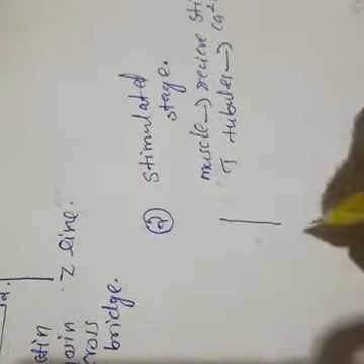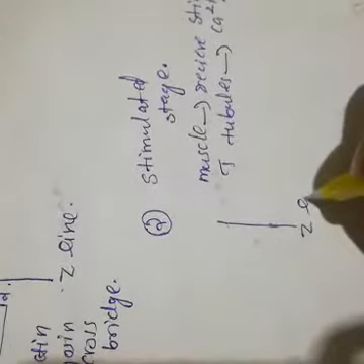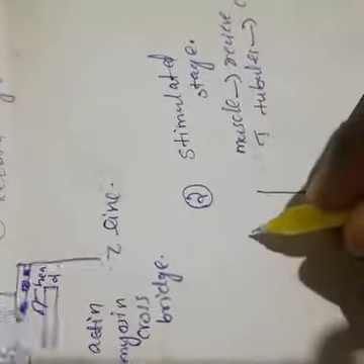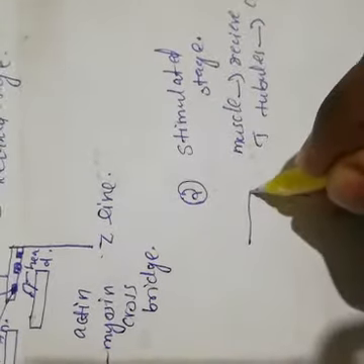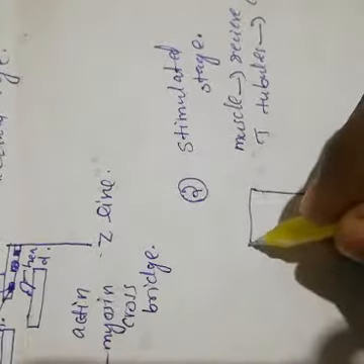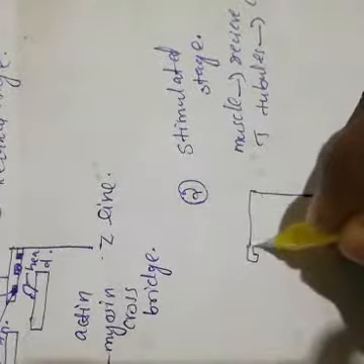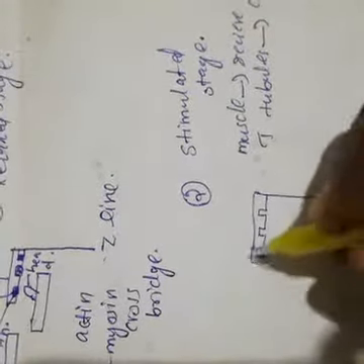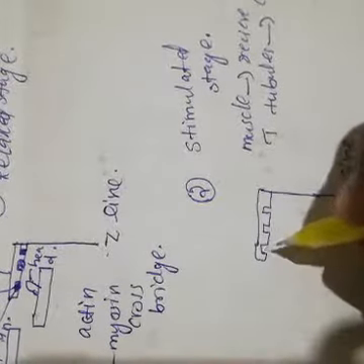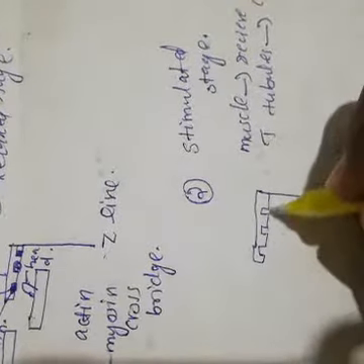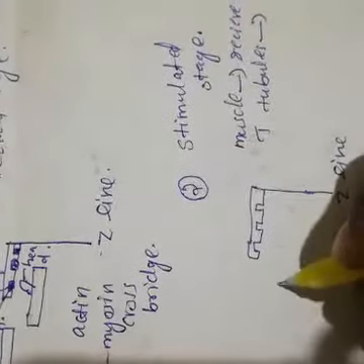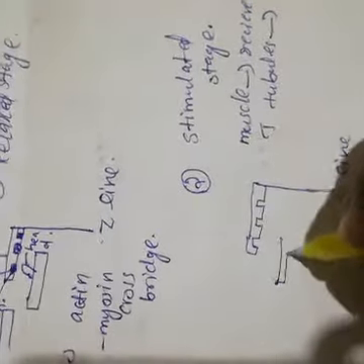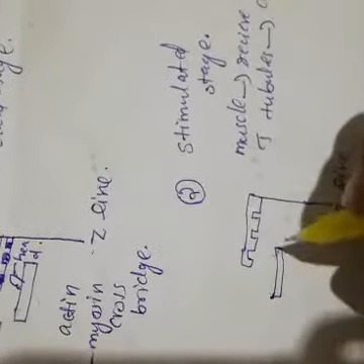Here we are taking a Z line and an actin filament. In the actin filament we can find some active sites like this, and these active sites are filled with troponin, and we are taking a myosin filament and one more actin.